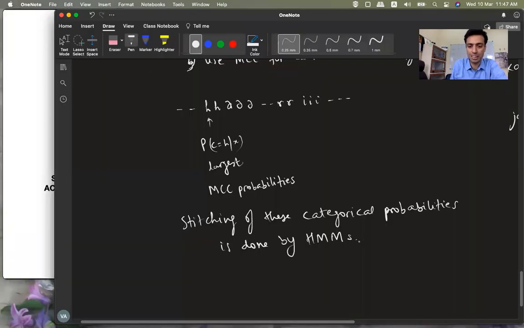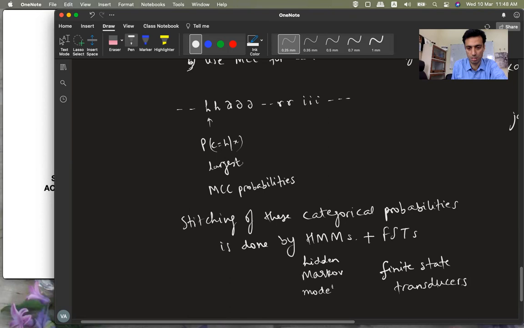So actually you can say hidden Markov models plus finite state transducers. Hidden Markov models and finite state transducers.